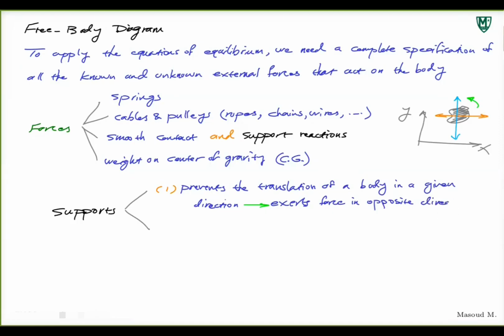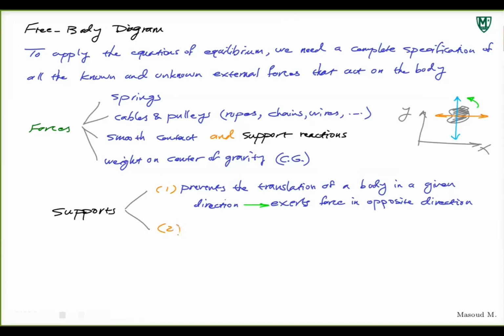Again, smooth contact is a very simple version. You remove the contact, you have to put a force in the direction in which the support is preventing your object from moving.